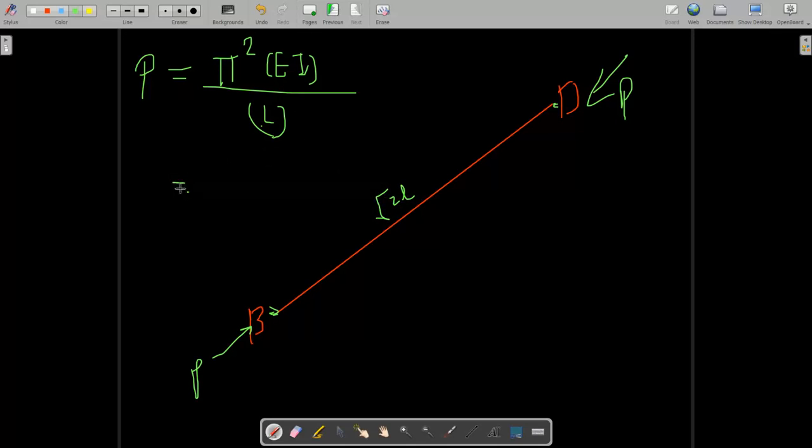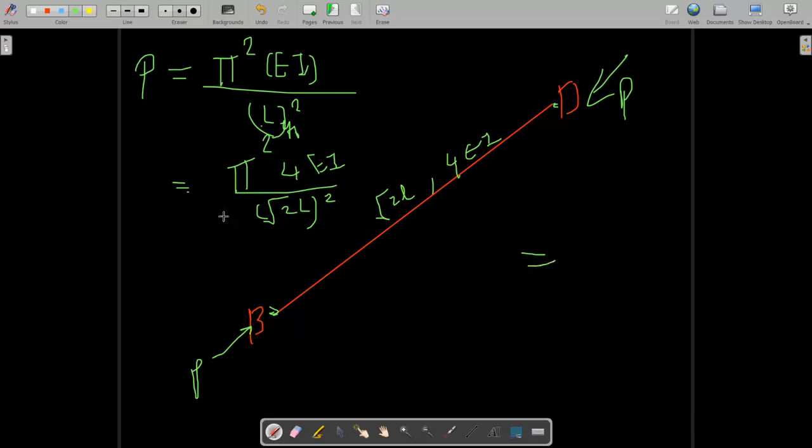So P is equal to pi square EI upon L square, where L is the effective length root 2L, so root 2L whole square. The flexural rigidity of this member is given as 4 EI in the question, so we write 4 EI.